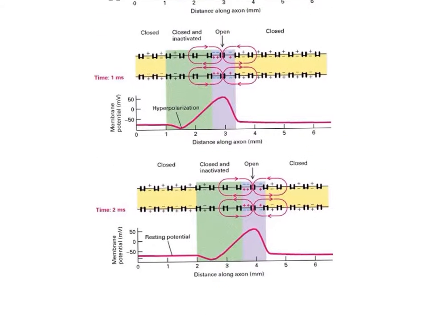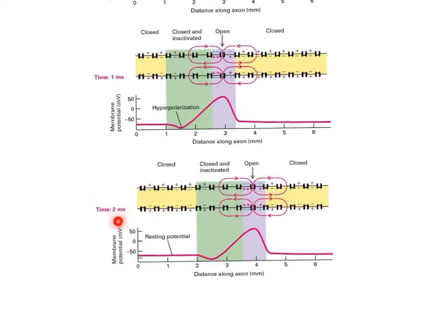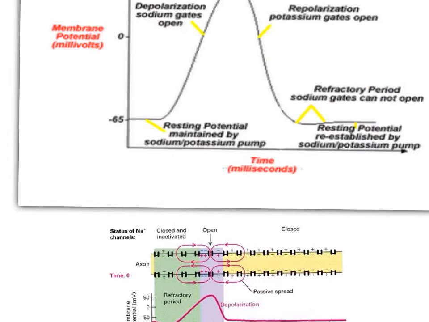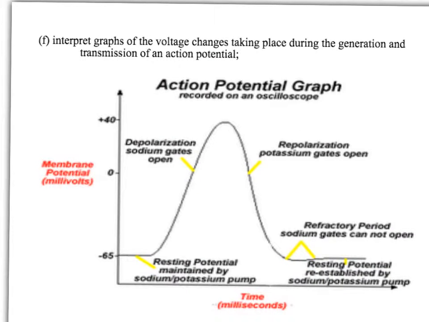Then the whole pattern continues, whereby here at 2 milliseconds the action potential is now at 4 millimeters. So that shows you how to interpret graphs of the transmission of an action potential. The second series of graphs deals with transmission of an action potential, whereas the first graph deals with generation of an action potential. And moving on to the next slide.